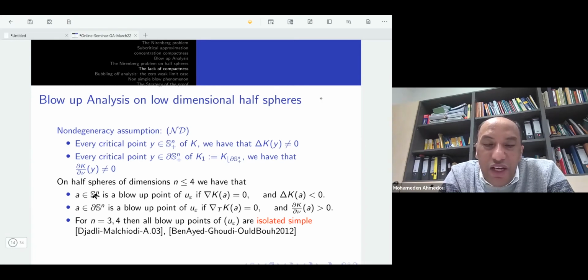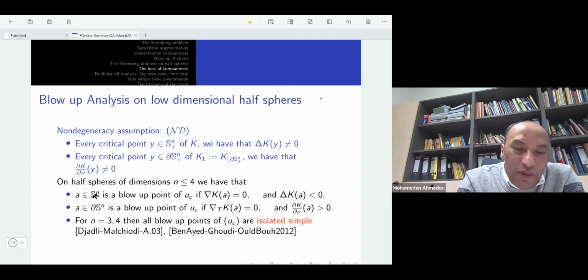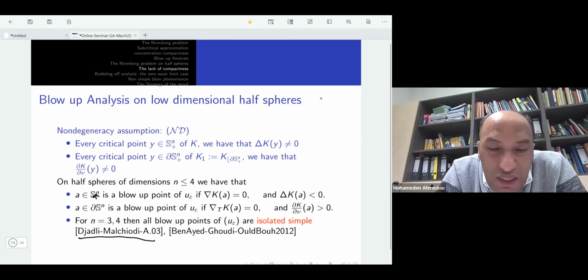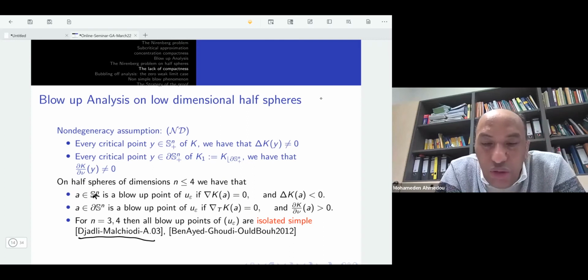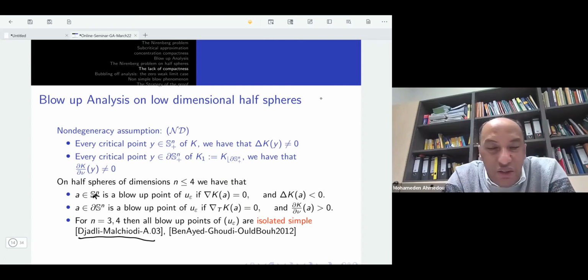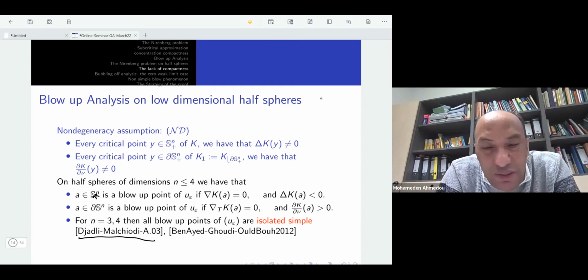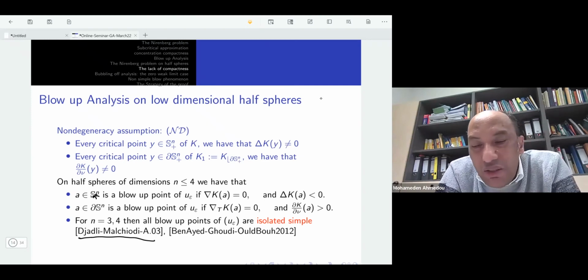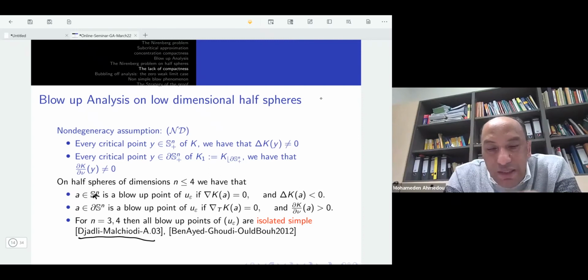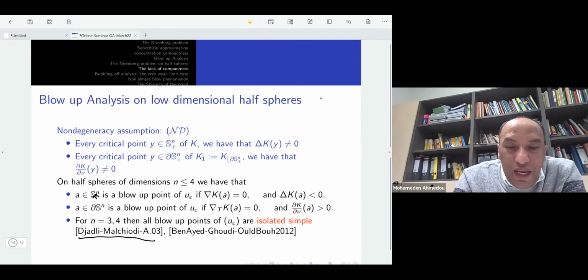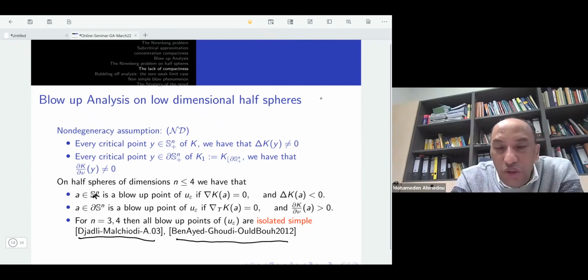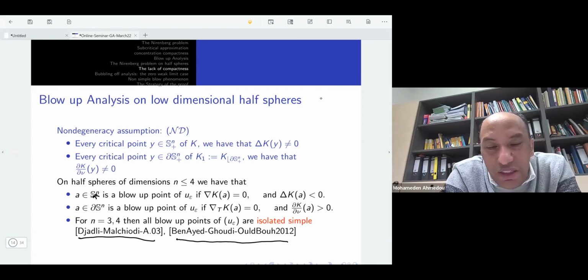And then for n equal to 3 and 4, it has been proved. There is a paper that I wrote many years ago with Jadli and Malchiodi, where we proved, among other things, that on S3 you may have multiple bubbles, but they are all isolated and simple. And later, Ben Ayed, Gouda, and Wildeboer proved something similar also on S4 plus.